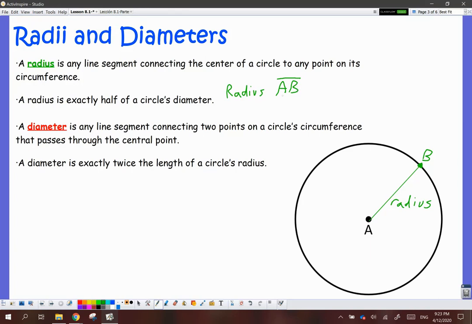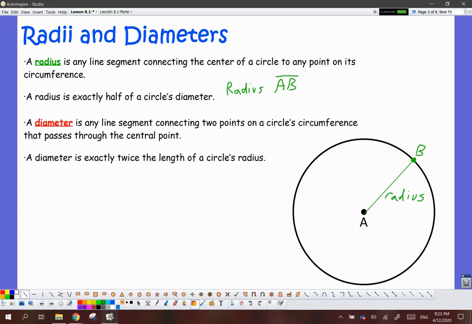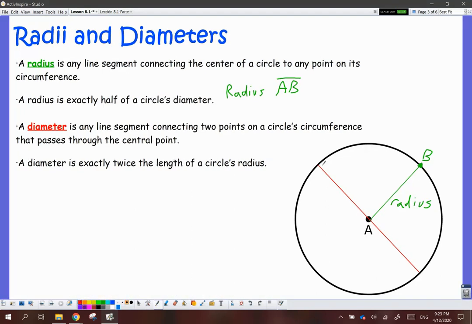Now let's take a look at the next one. Diameter is any line segment connecting 2 points on a circle's circumference that passes through the central point as well. So now we pass from one point on the circumference to the other point, but it also passes through the middle. So something like this. And we'll call these points over here C and D. And so here's our diameter.